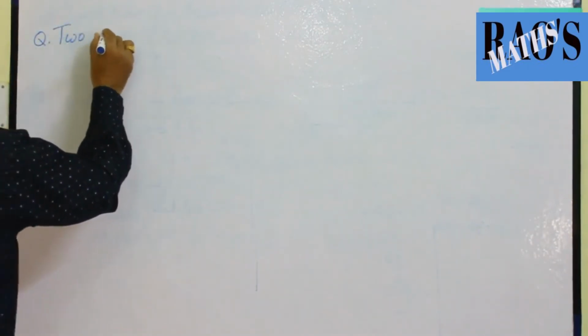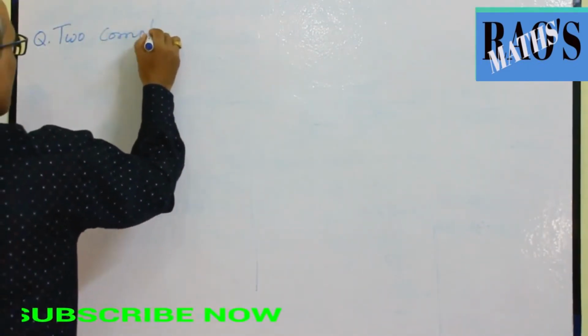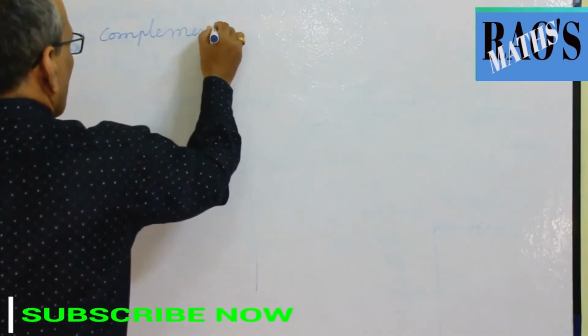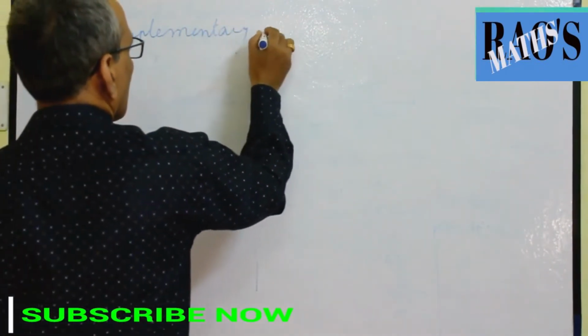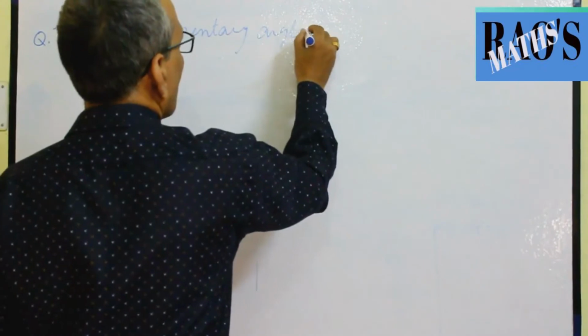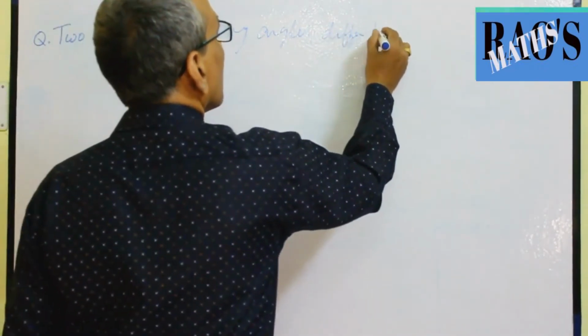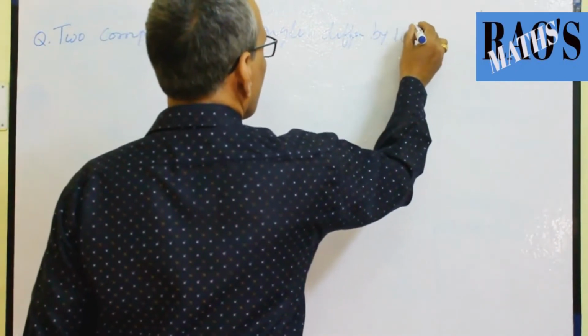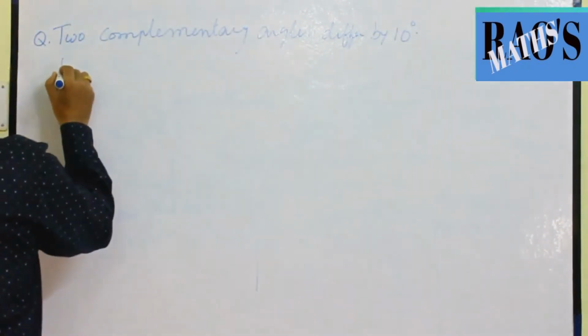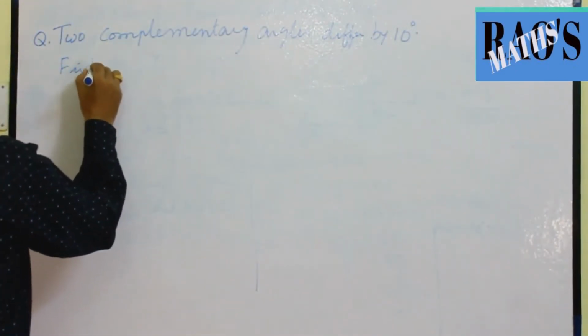Two complementary angles differ by 10 degrees. Find their measure.